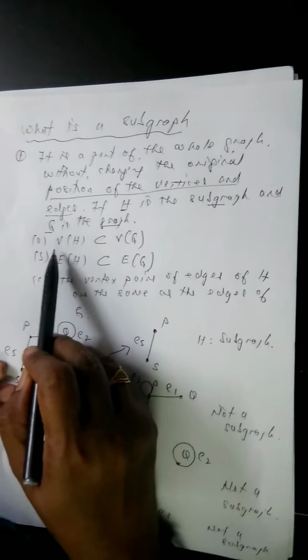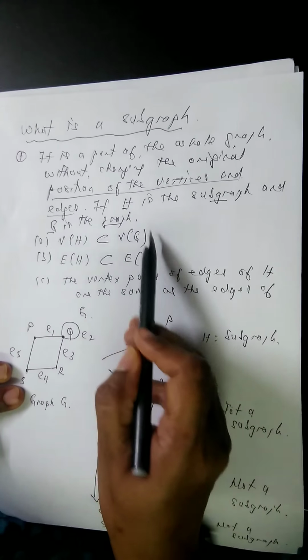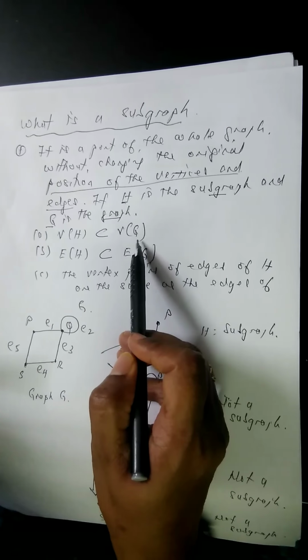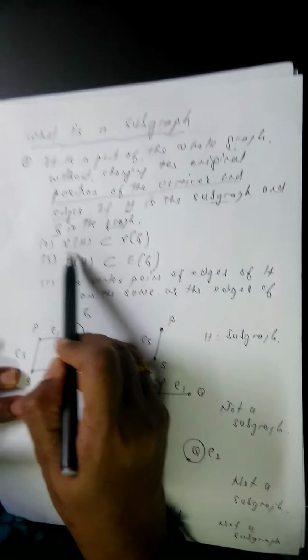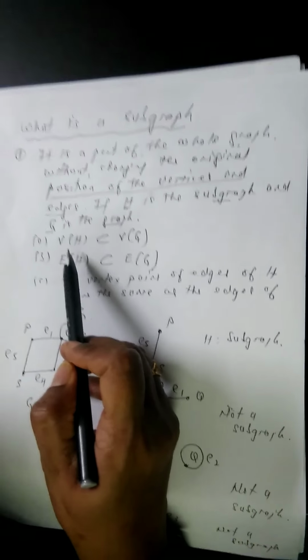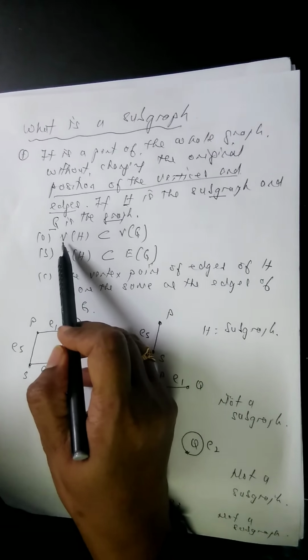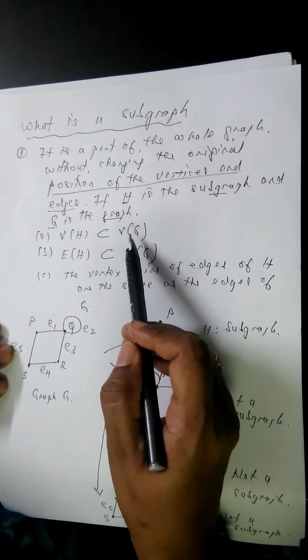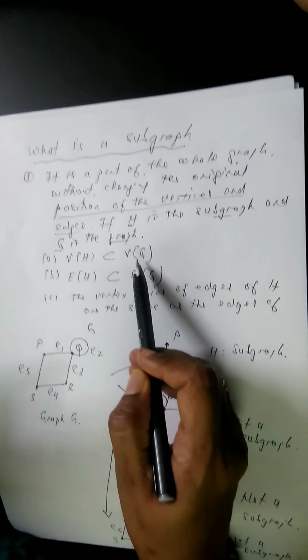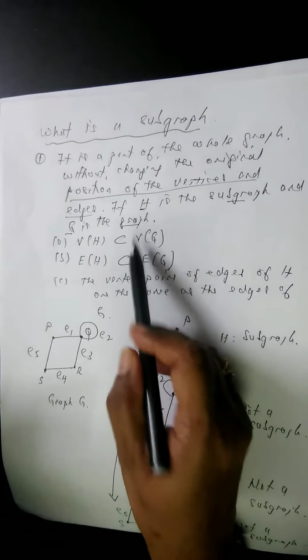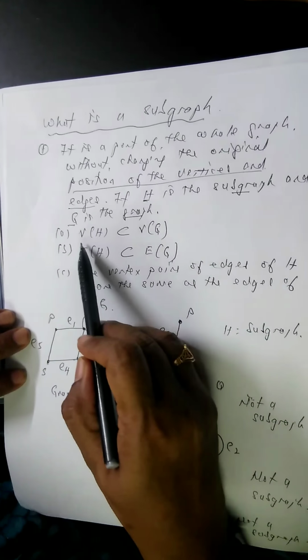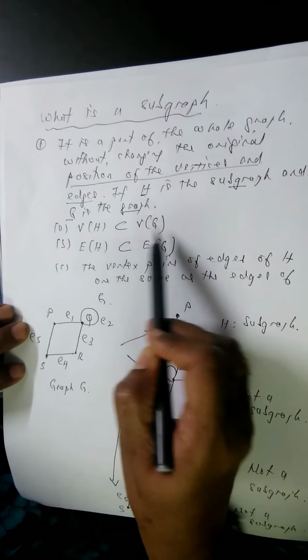Let's say in your actual graph you have about 10 vertices. Maybe a subgraph only represents 5 vertices. So 5 is a portion of the value of 10. So VH is a subset of VG.